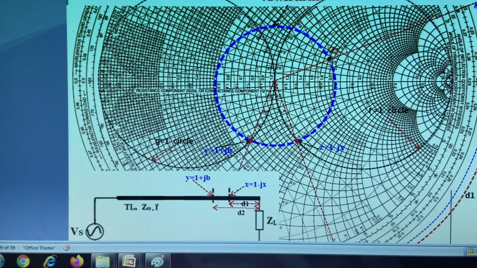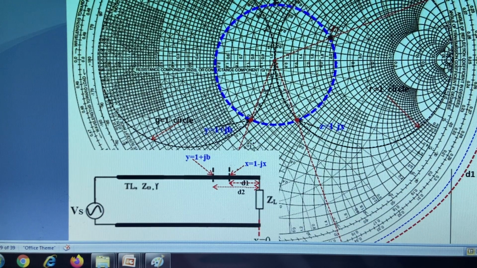Similarly, we can see the distance at which the admittance is equal to 1 plus jb, that is, the real part of admittance is equal to 1. To do that, again start from the load point and travel over the VSWR circle like this. Wherever this VSWR circle intersects the G is equal to 1 circle, that is the G is equal to 1 circle here, you stop here and measure the distance. What is the distance from here to here?